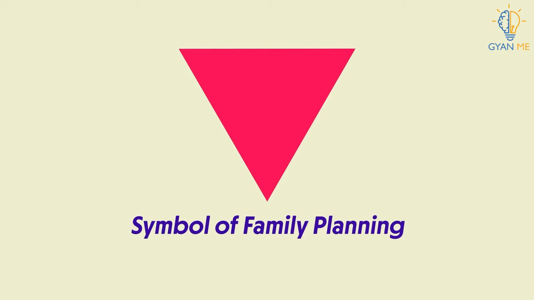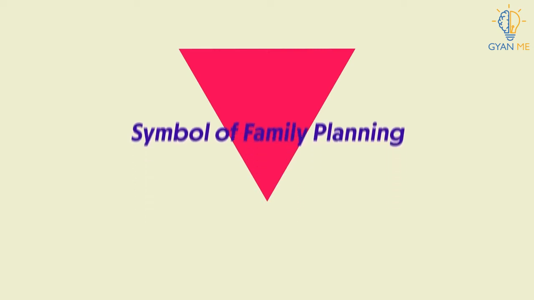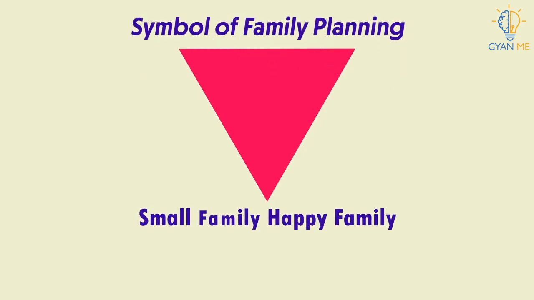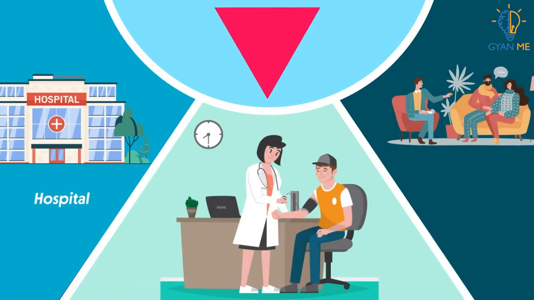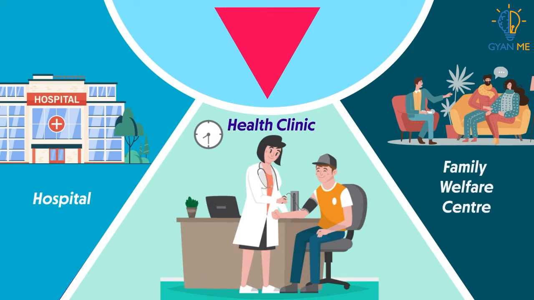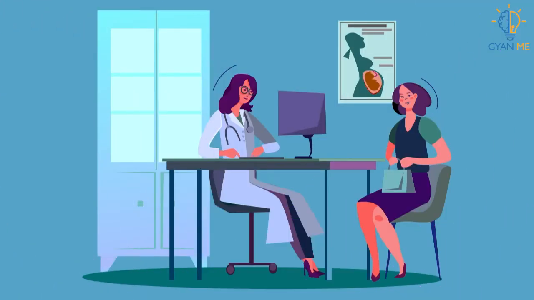This symbol is displayed along with the slogan Small Family, Happy Family to bring awareness regarding family planning and its importance. It is displayed prominently at all hospitals, primary health clinics, and family welfare centers. At all medical facilities, any help or advice about family planning is available free of cost.